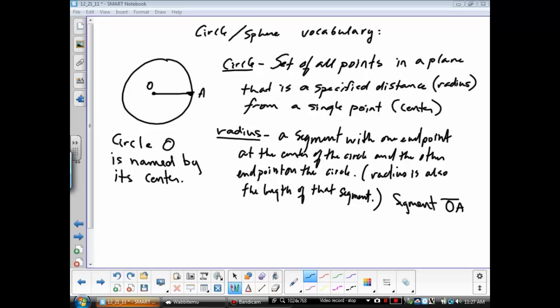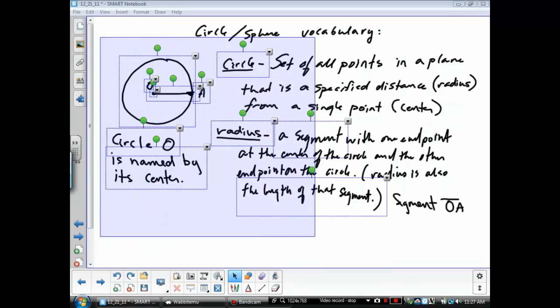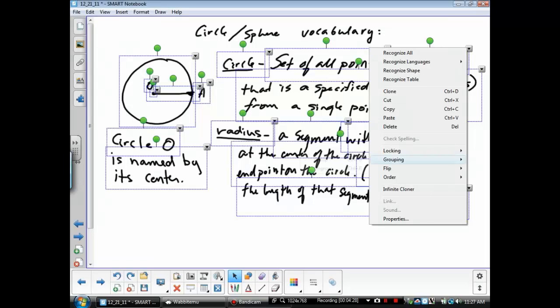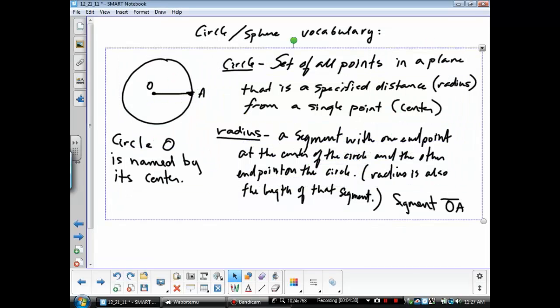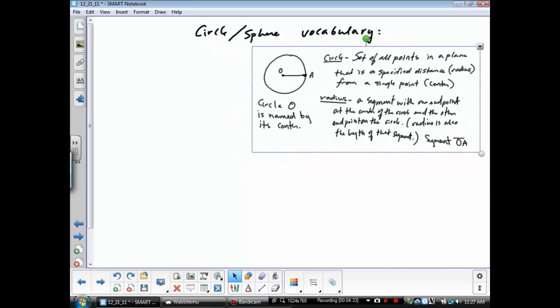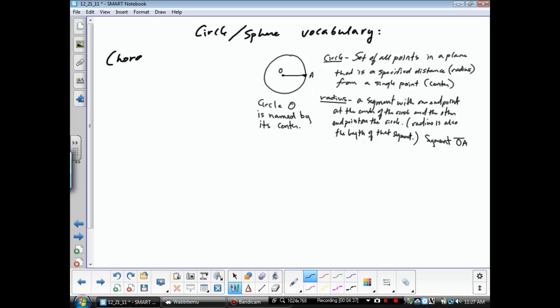All right. Now in a circle, we have other segments we can work with. Any segment that has both endpoints on the circle is called a chord. So a chord is a segment with both endpoints on the circle.